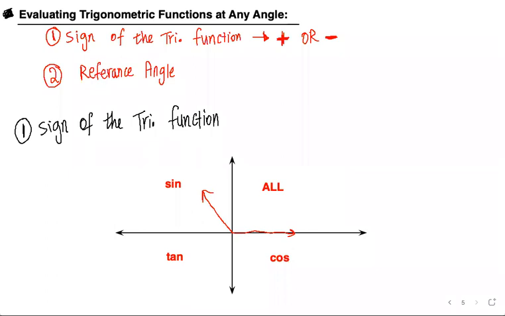Here the angle is in the second quadrant, so only the sine is positive. For the third quadrant, suppose my angle starts like that and stops here. The only positive function is the tan function.